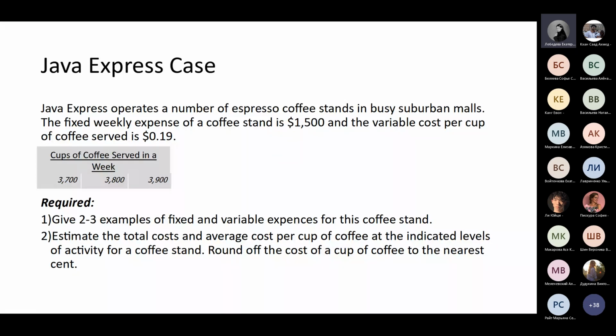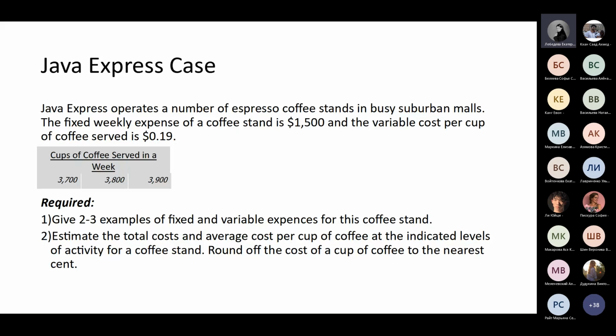Now we have to estimate the total cost and average cost per cup of coffee at the indicated levels of activity. You see that we have 3 weeks here and different levels of activities. As we have discussed during previous practical sessions, activities are some actions of companies that drive our costs.